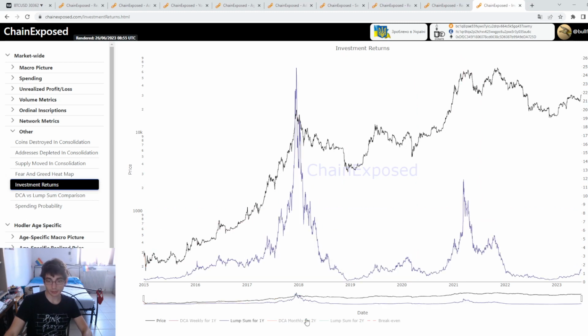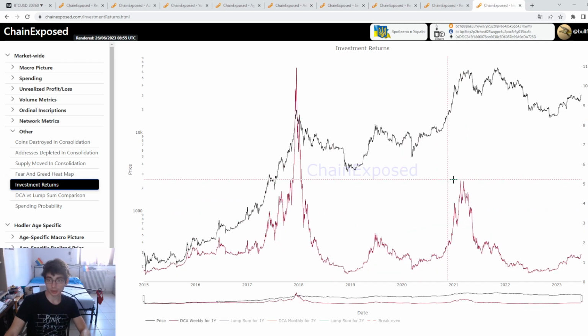Or anyway, we can see that also just taking profit 1 year before the bull market, obviously, and waiting just 1 year to realize profit gives a strategy of 11, 12, let's say, X's instead of DCAing weekly that goes just 5 X's.